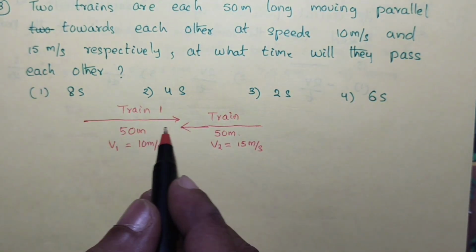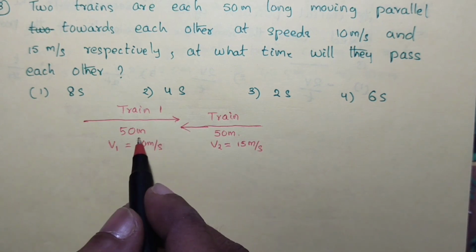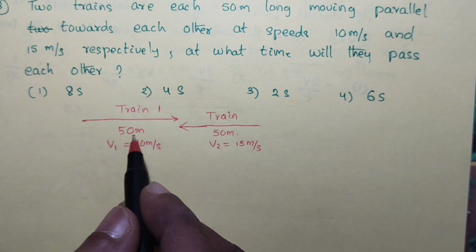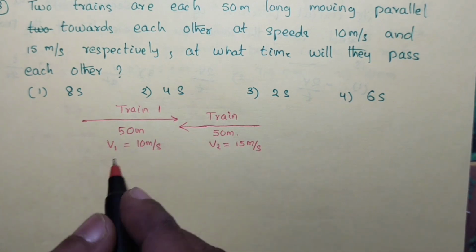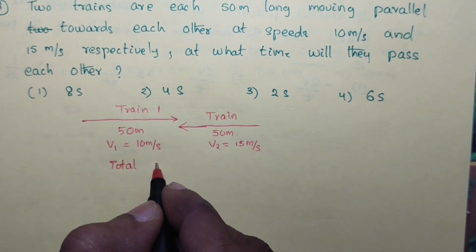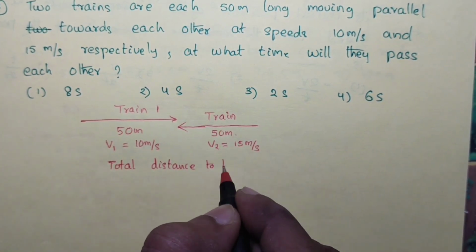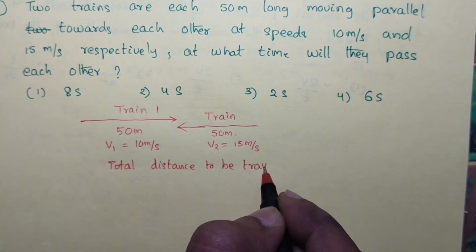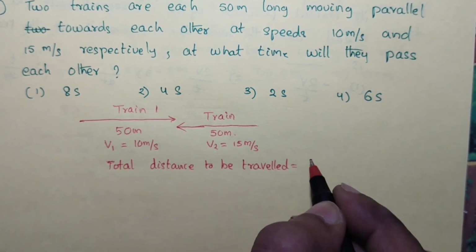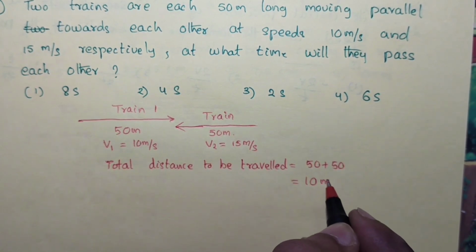To cross each other, both trains will have to travel 50 plus 50. So the total distance to be traveled is equal to 50 plus 50 is equal to 100 meters.